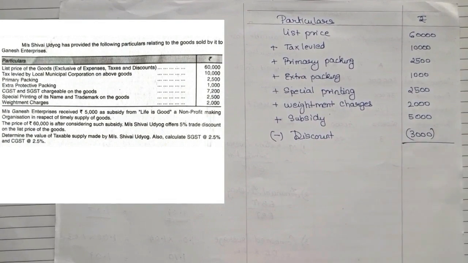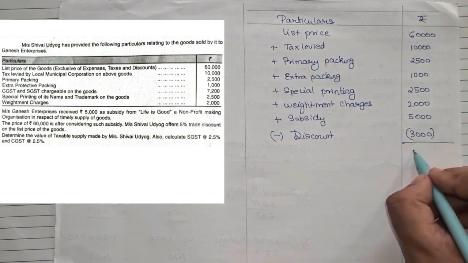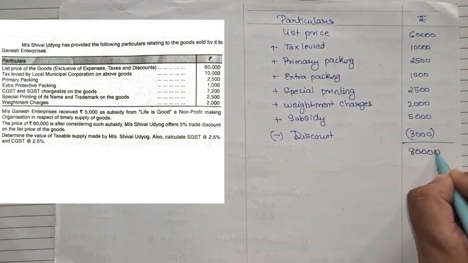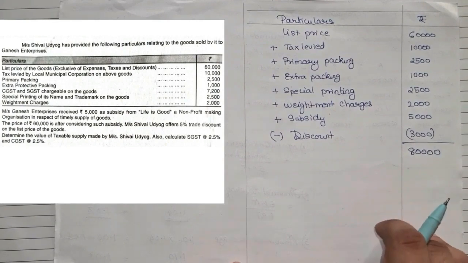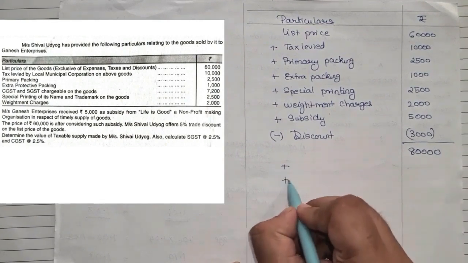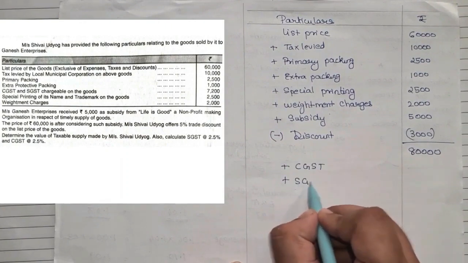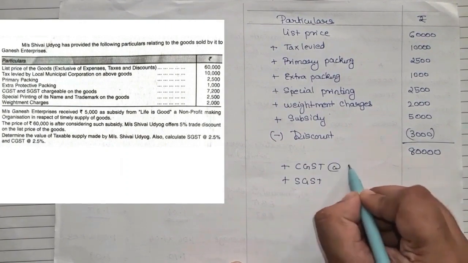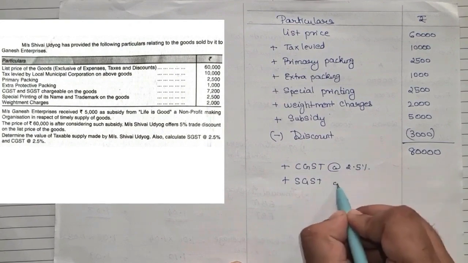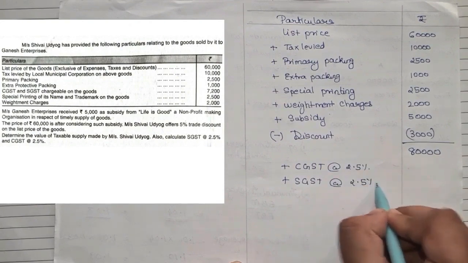So I get the value as 60,000 plus 10,000 plus 2,500 plus 1,000 plus 2,500 plus 2,000 plus 5,000 minus 3,000. We get the value as 80,000. On this 80,000 we have to add up CGST and SGST at the rate of 2.5% each, because that's given in the question.